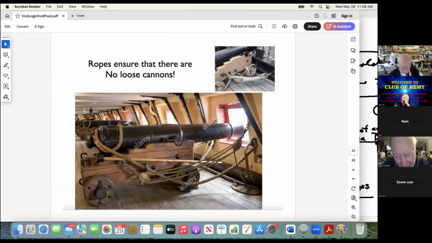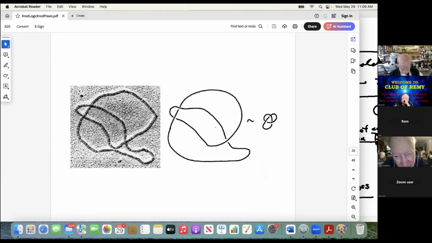And then there are other smaller ropes of pulleys for getting it into place or to raise and lower the cannon itself and so on. A whole technology of rope that is no longer, of course, being used.